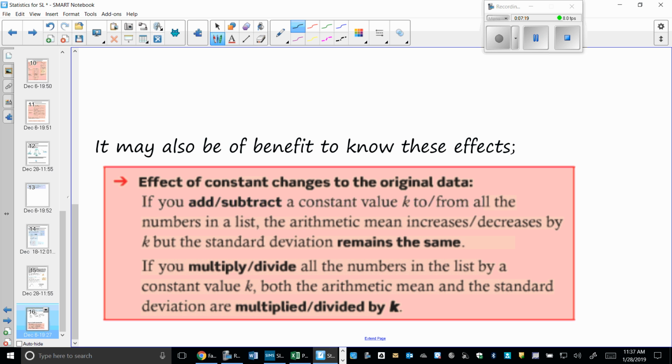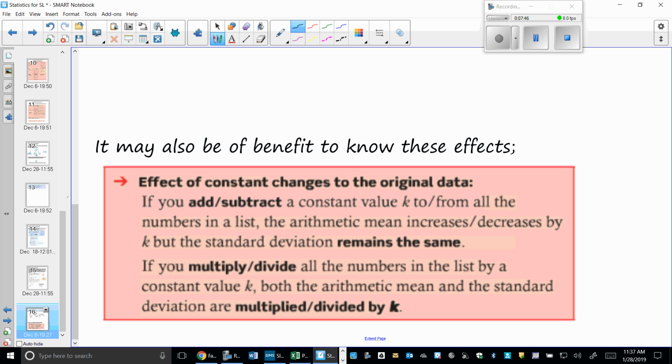So every single data value has had something added to it or subtracted from it, which means your mean is going to increase or decrease by that value. But your standard deviation is not going to change at all, because the spread from your mean is not going to have been affected. Because you've added it to everything.